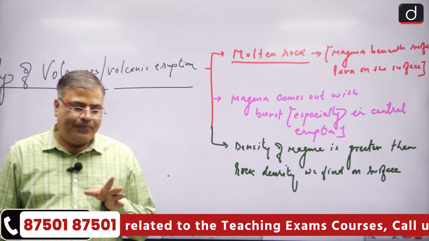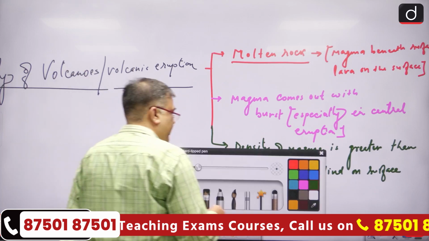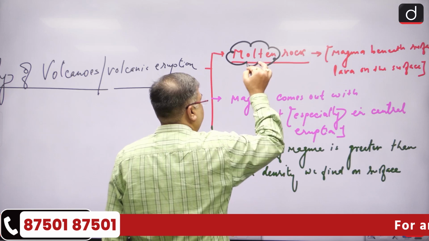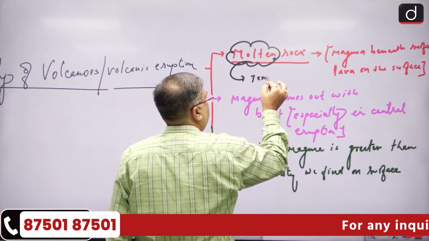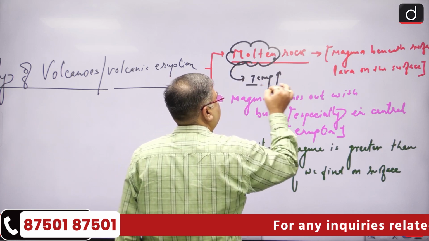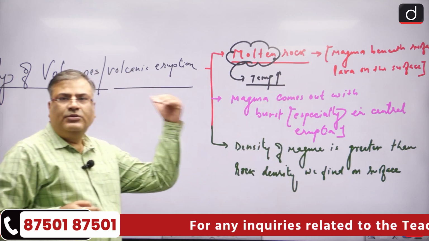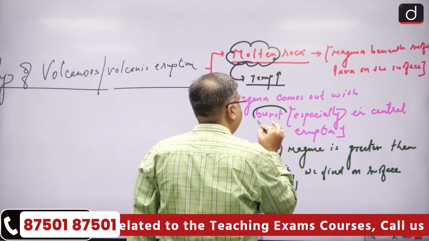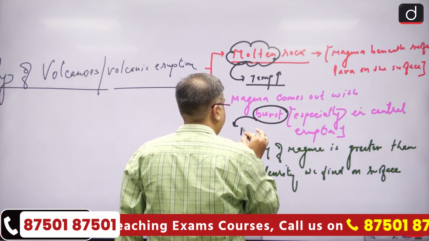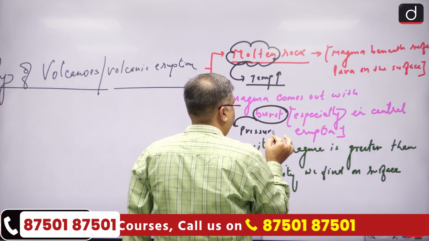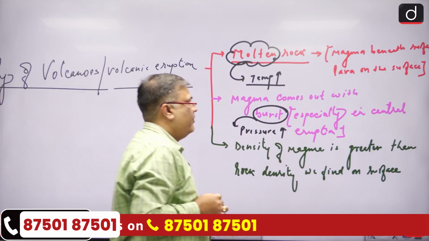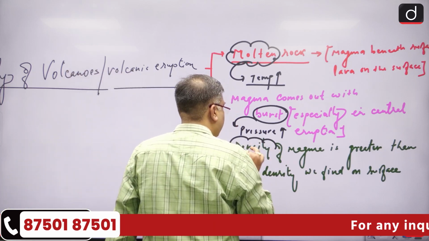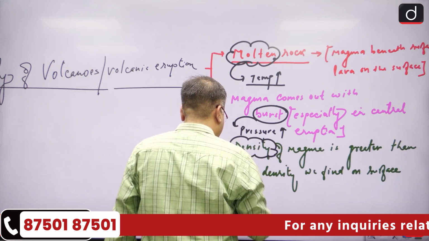Three things are there. That magma is molten. This molten thing suggests what? That the temperature is high. The same conclusion that we had drawn. Magma comes out with a burst. It means what? Pressure is high. The same conclusion. And density is high. Same conclusion.